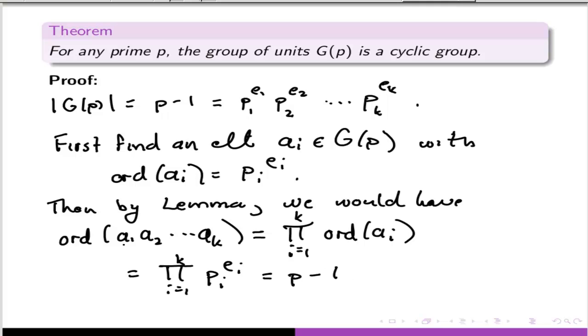Thus, the order of this product is the whole group order, p minus 1, so that implies GP is generated by this object. And it's a cyclic group.